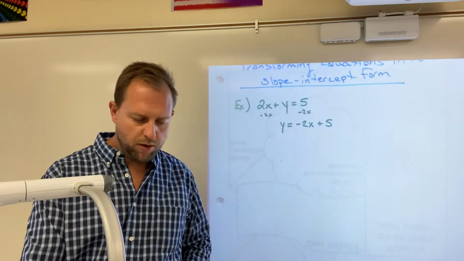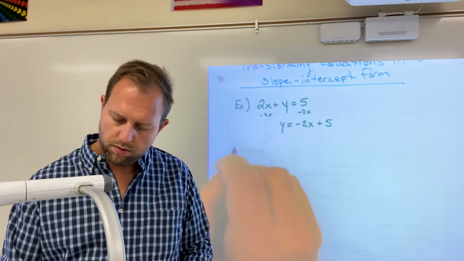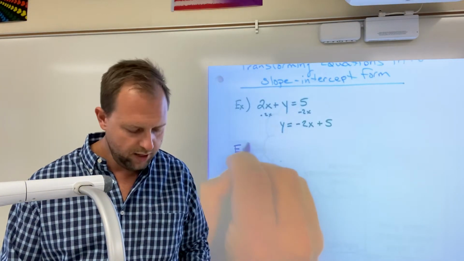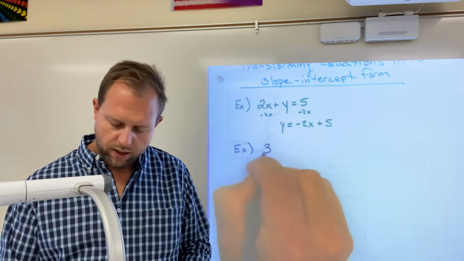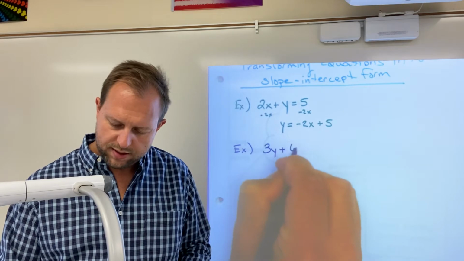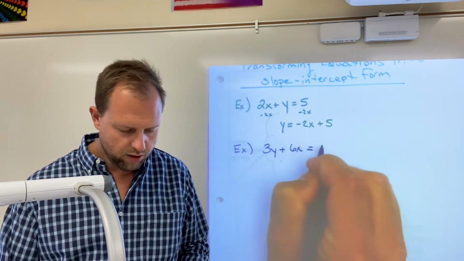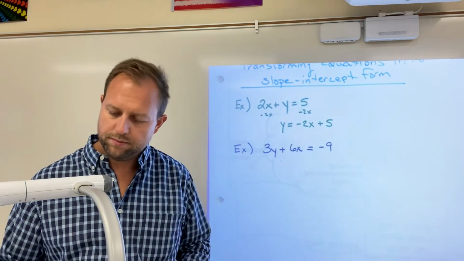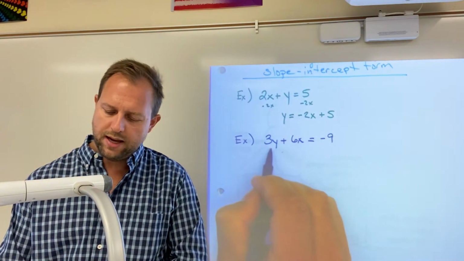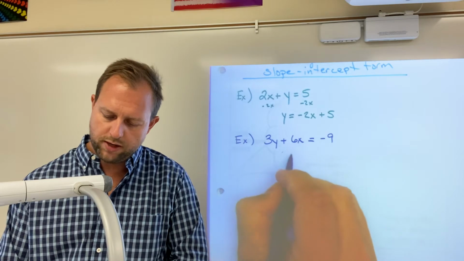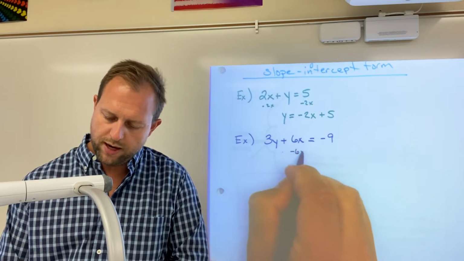Our next example will increase the difficulty. 3y plus 6x equals negative 9. Again, to get y by itself, we're going to get the x term over to the right. So we have to subtract that 6x.